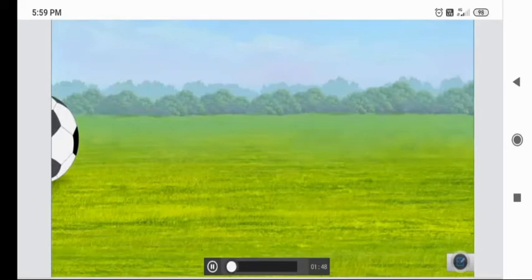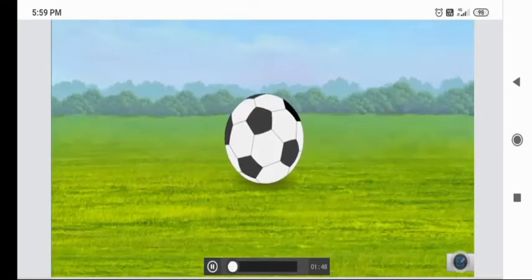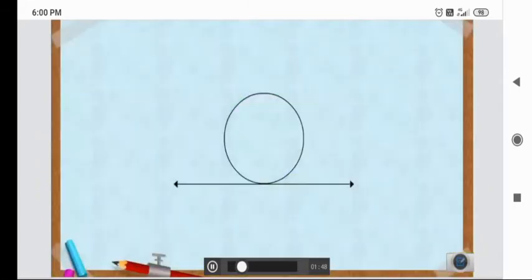You may have watched a game of football. When the football is moving along the ground, or when it is stationary, it is in contact with the ground. At how many points is the football in contact with the ground at a given time? As you can see, the football is a sphere and it touches the ground at a single point at a given time.